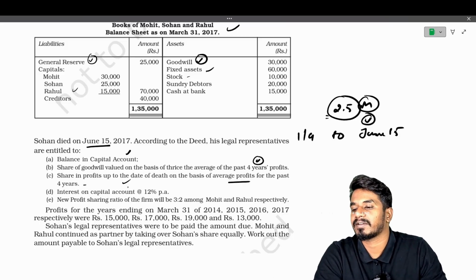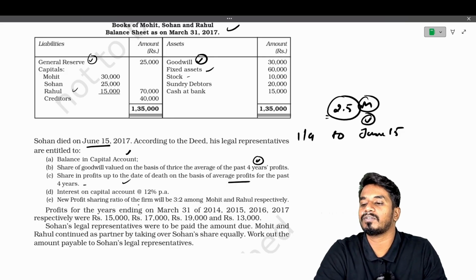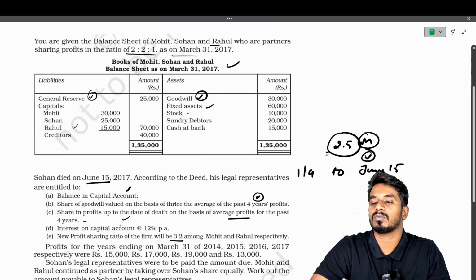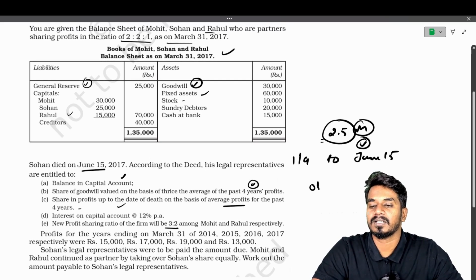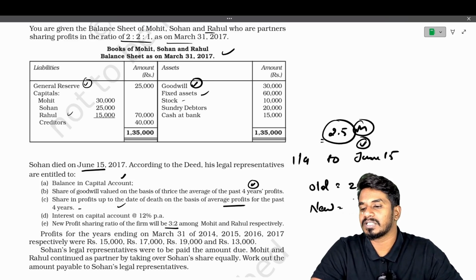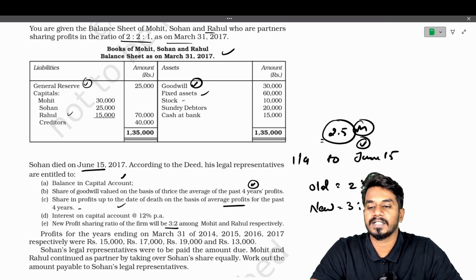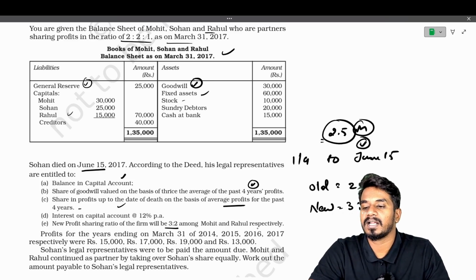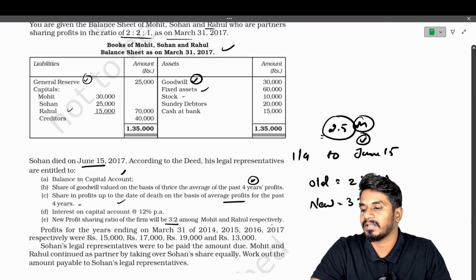Interest on capital they have given 12%, and the new profit sharing ratio of the firm will be 3 is to 2. So let us note down what ratios they have given. Old ratio is 2 is to 2 is to 1, and new ratio is 3 is to 2, Mohit and Rahul respectively.